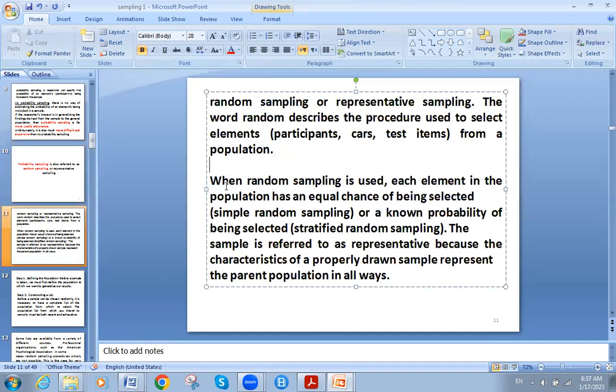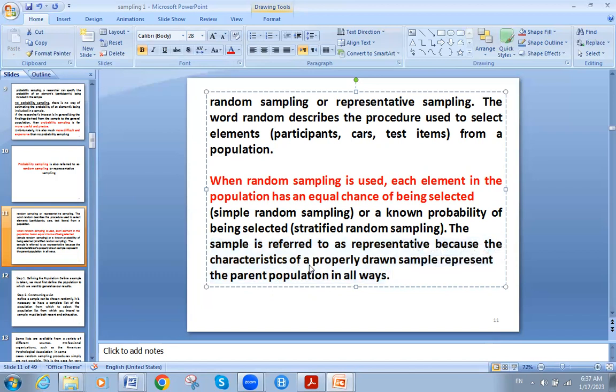When random sampling is used, each element in the population has an equal chance of being selected. So the selection of the samples will give almost the same selection. Simple random sampling has an unknown probability of being selected, as does stratified random sampling. The sample is referred to as representative because the characteristics of a properly drawn sample represent the parent population.